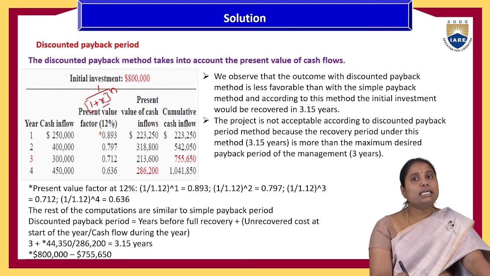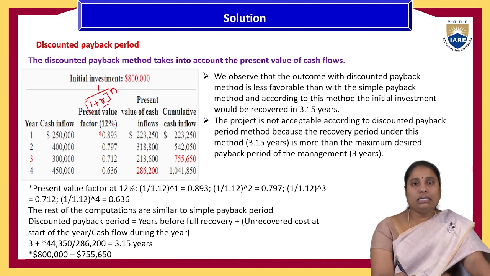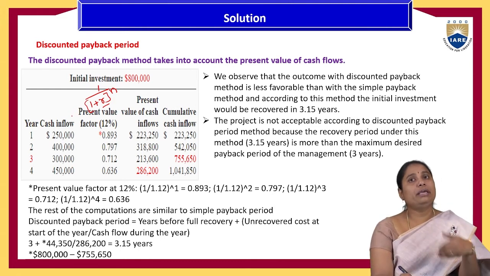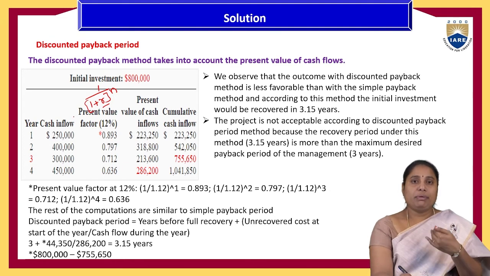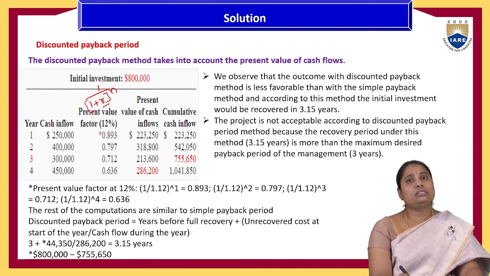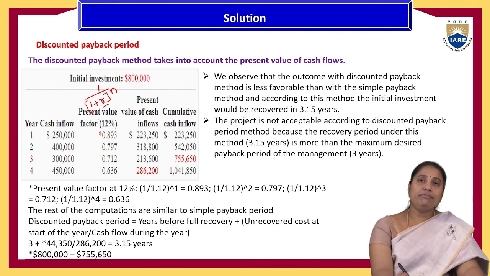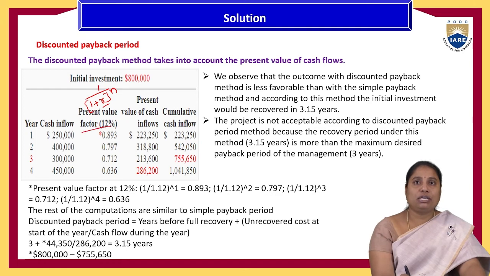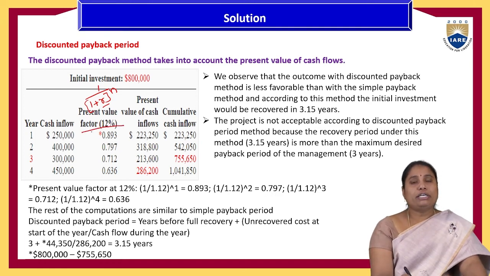Even if it is not given, you can go for the annuity tables, the present value (PV) tables. In some examinations they may give you the annuity tables, or may not. If the annuity tables are not provided, we can use this simple formula and calculate the PV factor values, that is, the present value factors.